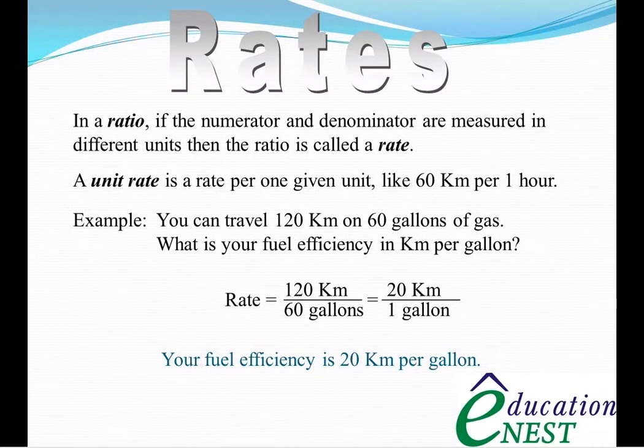So what is our fuel efficiency in kilometers per gallon? To calculate the rate, it will be 120 kilometers divided by 60 gallons. That comes to the efficiency of the fuel being 20 kilometers per gallon.